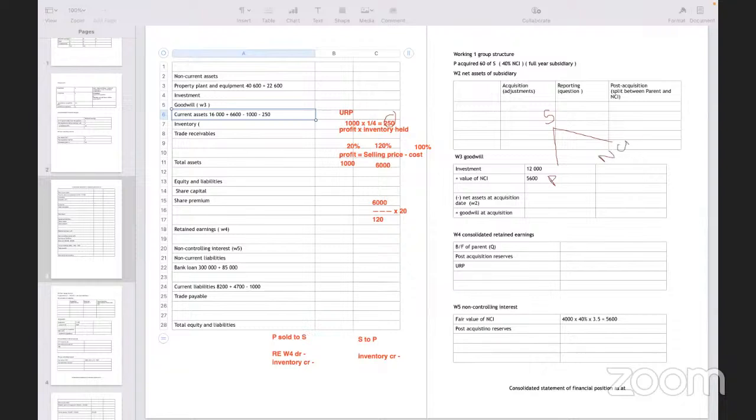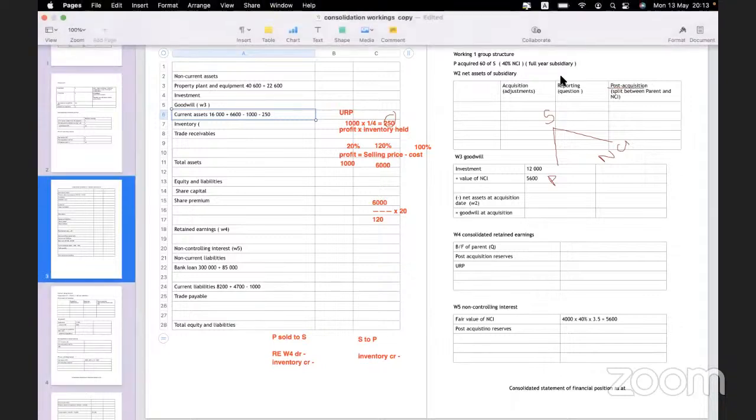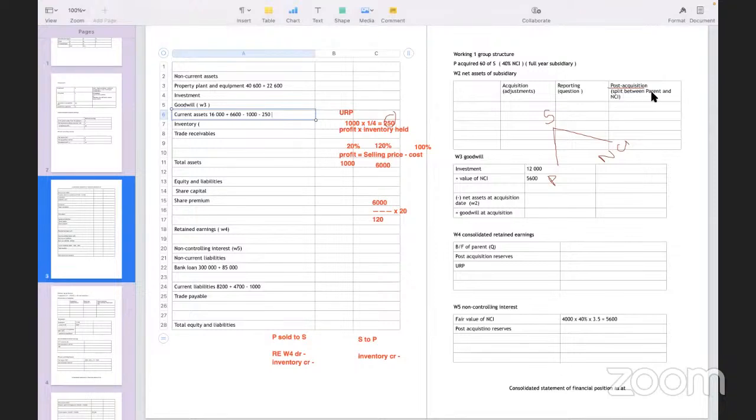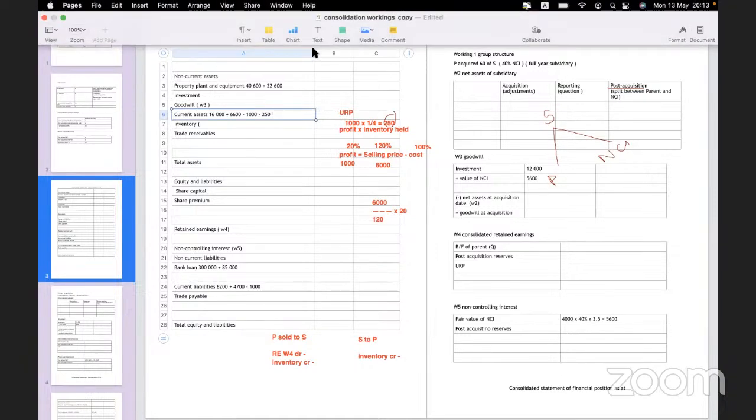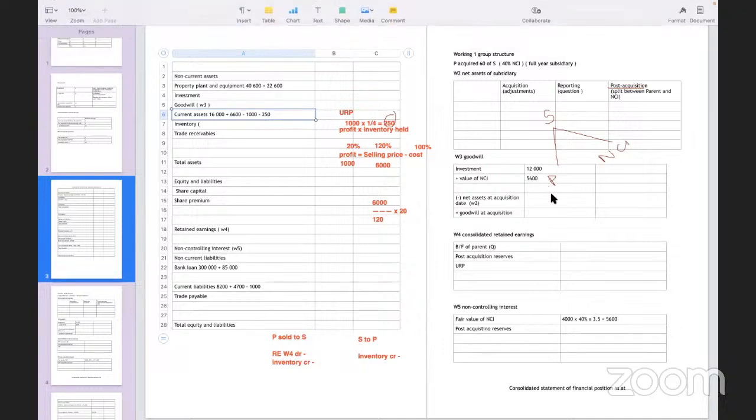When the subsidiary earns a profit, it goes as post-acquisition, and post-acquisition we always split between parent and NCI according to the percentage. The parent takes 60% of the subsidiary's profits, and the NCI takes 40%.